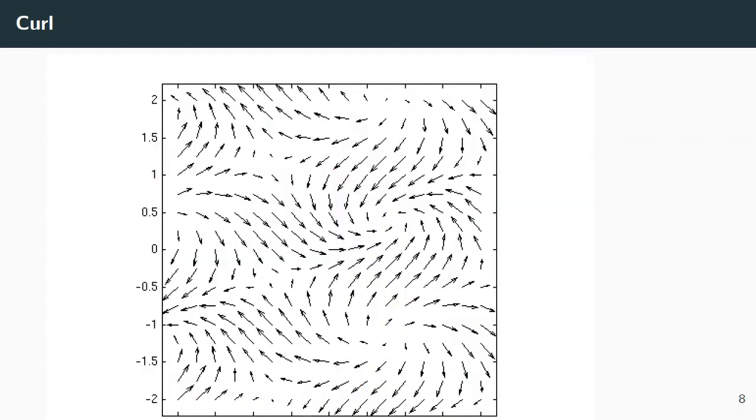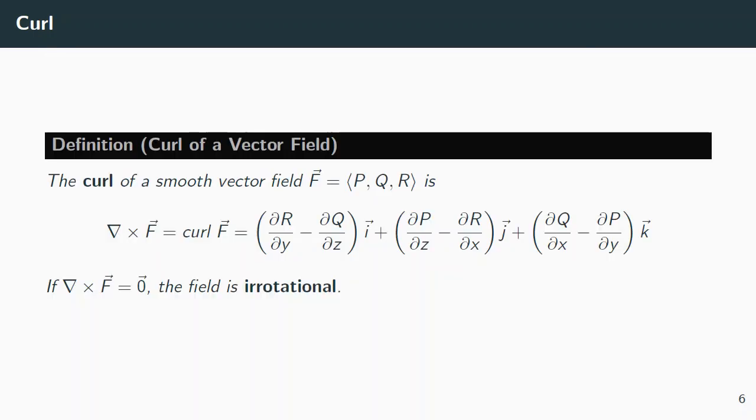But in a 2D vector field, this R would be 0. So in a 2D vector field, this R is 0, so this is going to be 0, and this is going to be 0. And the z derivative will be 0 because these functions wouldn't depend on z, so that would be 0, and that would be 0, which means you're going to get 0i plus 0j plus something k.